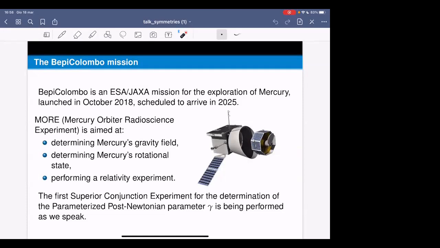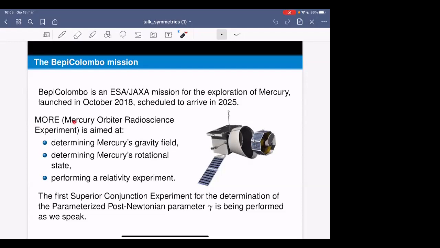Very quickly, BepiColombo is a European Space Agency mission, jointly with the Japanese Space Agency, for the exploration of Mercury. It was launched in October 2018 and it will arrive in 2025.